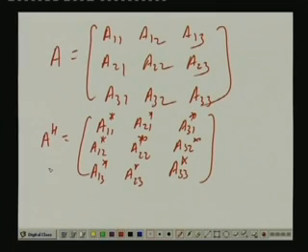Then A will be called a Hermitian matrix. That means firstly the diagonal elements A11 must be A11 star, which means it must be a real valued element. Similarly for A22, similarly for A33.